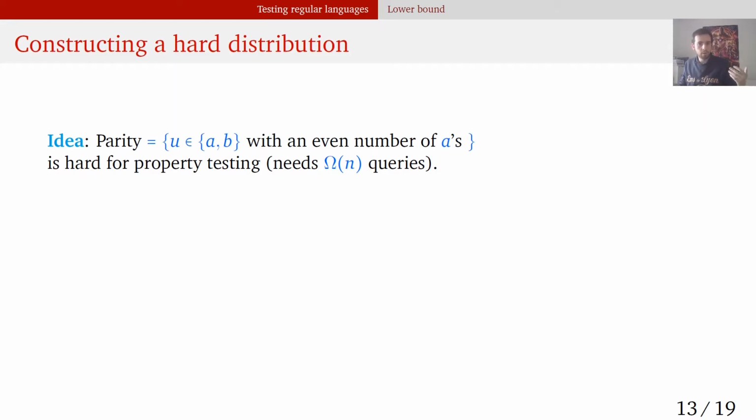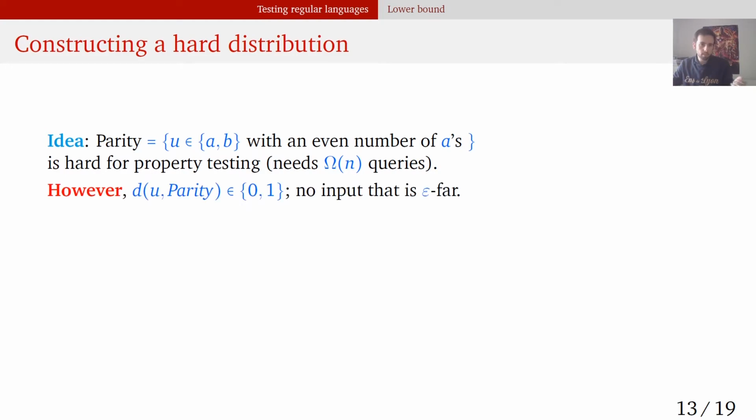So you need a linear number of queries. But you can notice that this is not really useful here, because the distance between a word and parity is always 0 or 1, because by changing one letter, you can always change the parity of the number of A. So no input can be epsilon far from the language.